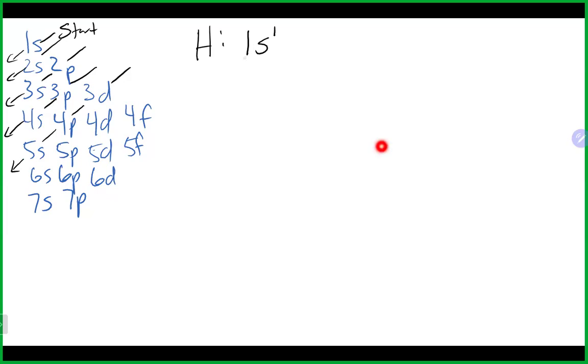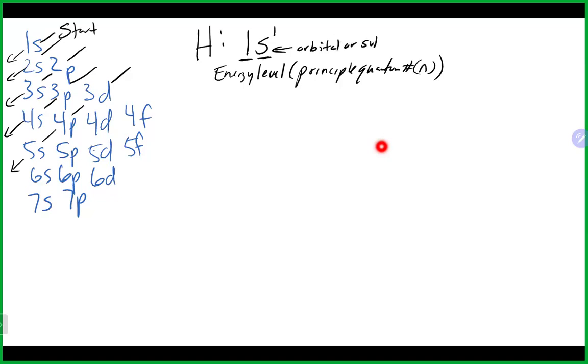The first number is that principal quantum number, that N guy. That is the energy level. The s is the orbital or subshell the electron is in. And the 1 on top is how many electrons there are in that orbital or subshell.